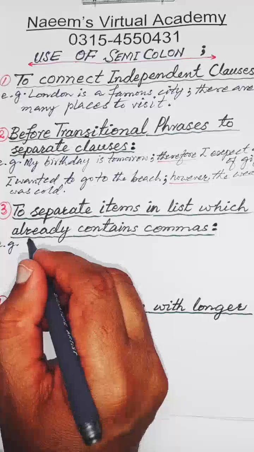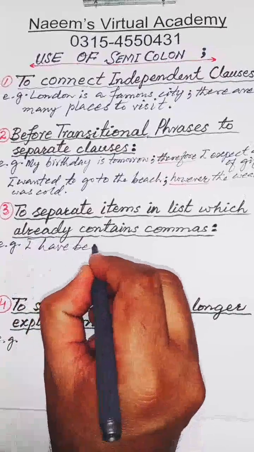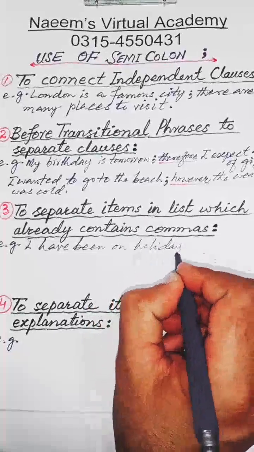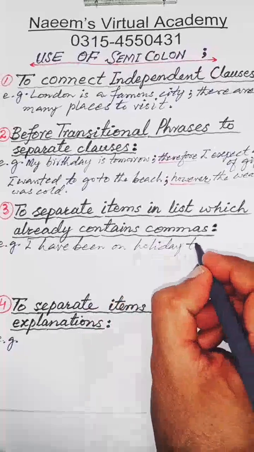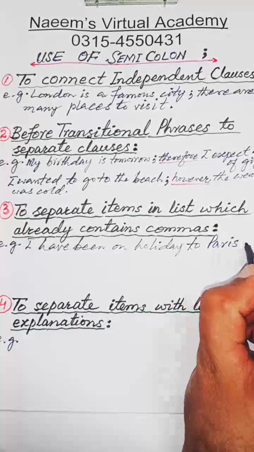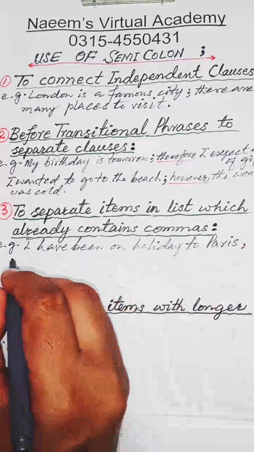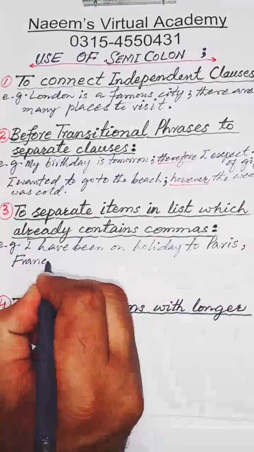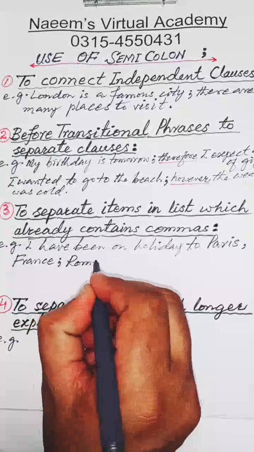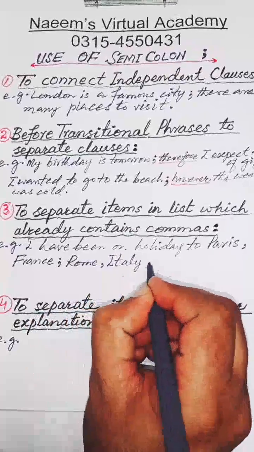For example, I have been on holiday to Paris, France; Rome, Italy, meaning Rome is the city of Italy. We will separate it with a semicolon. Here you will press a comma because we are going to name the country.